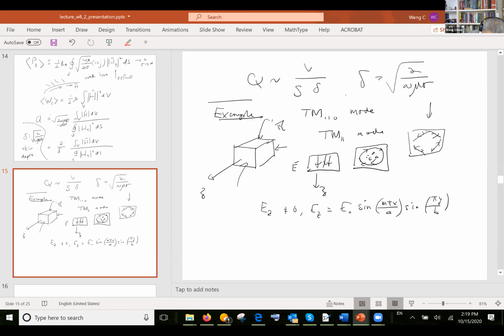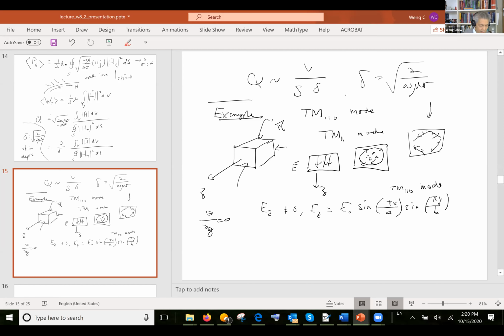Sorry, this m should be 1. For the TM110 mode there's no variation in the z direction, so partial z equals 0.